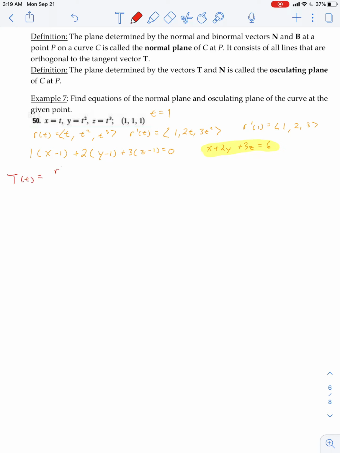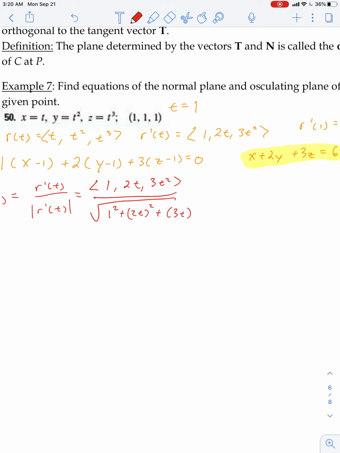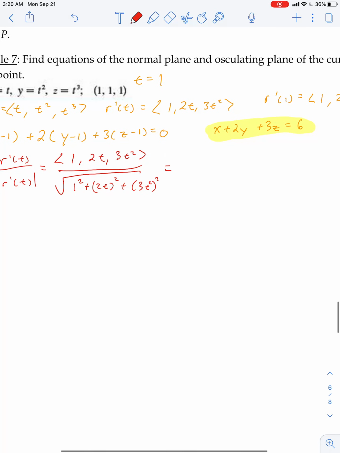Let's go ahead. I have T of t, and that's going to be equal to r prime of t over the magnitude of r prime of t. And so we have r prime of t, which is the vector 1, 2t, 3t squared, over the magnitude of r prime of t, which is just going to be the square root of 1 squared plus (2t) squared plus (3t squared) squared.